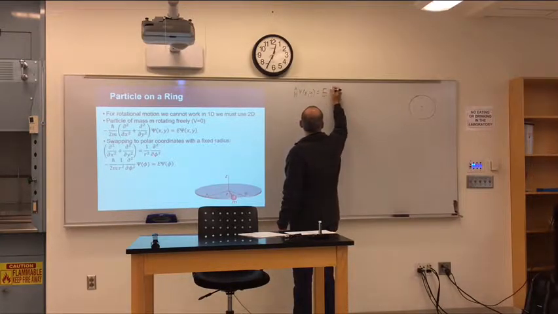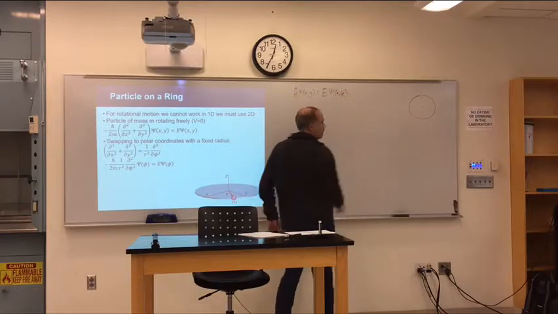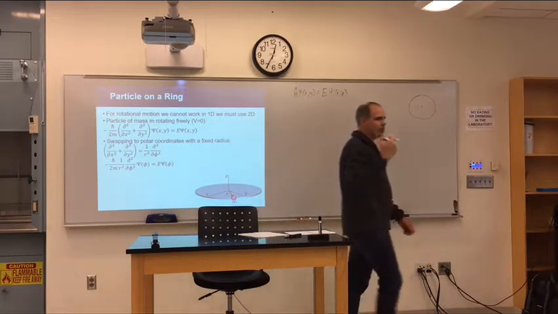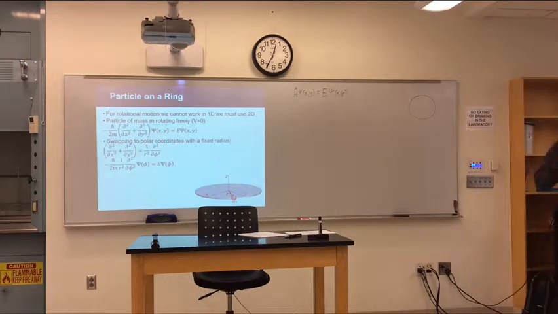That would be equal to our energy. The reason it's x and y is because it's rotating around the x and y axes, so there should be some component of x, some component of y, and the Hamiltonian because that's what we do.